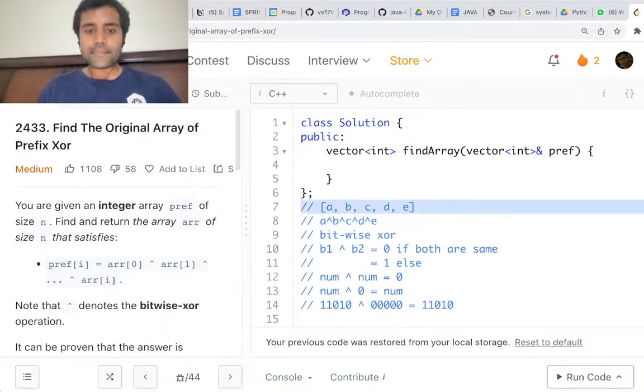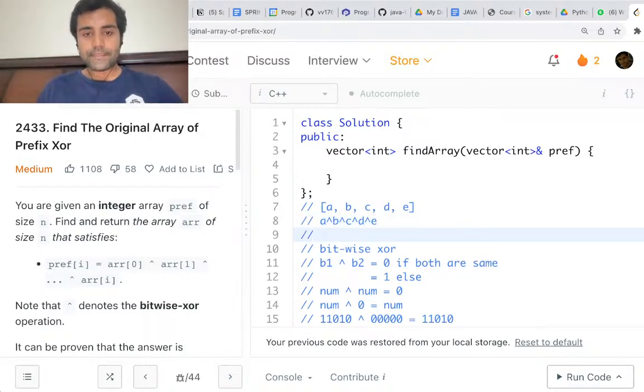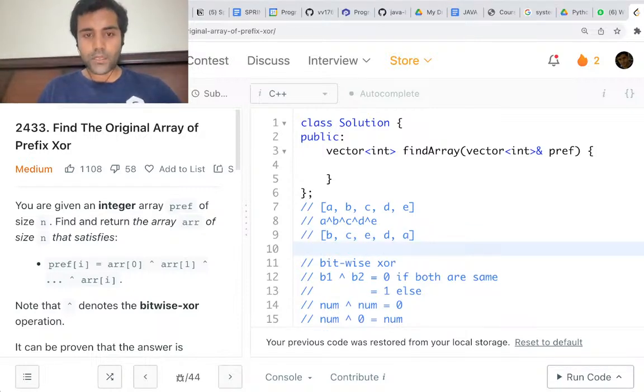Now let's say there is another array. In that array you have the same elements, but they are appearing in a different order. Something like this, A, B, C, D, E, but in a different order. If you take their XOR, what will be the result?